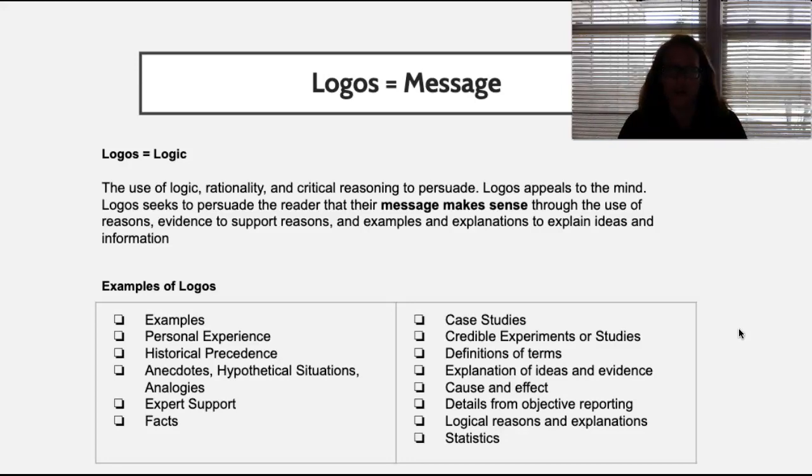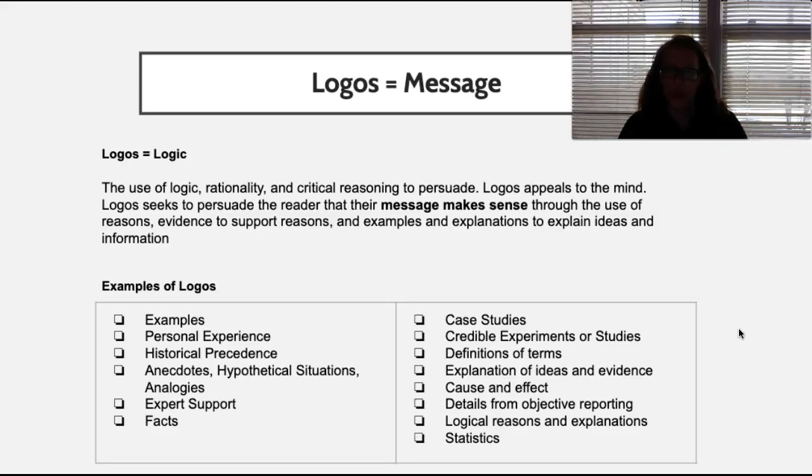When they show statistics, you have to be careful with statistics, because we love to see them, and they can be an emotional appeal too if they're surprising or shocking, but in advertisements, a lot of times you'll notice they throw them out there without a lot of ways to know if you can trust them.